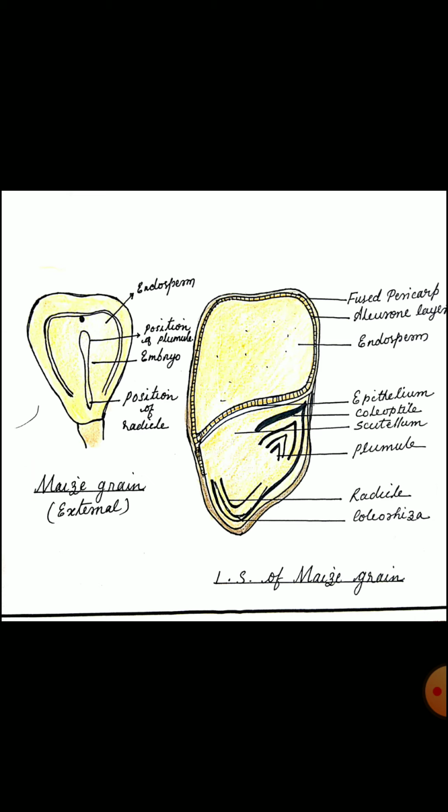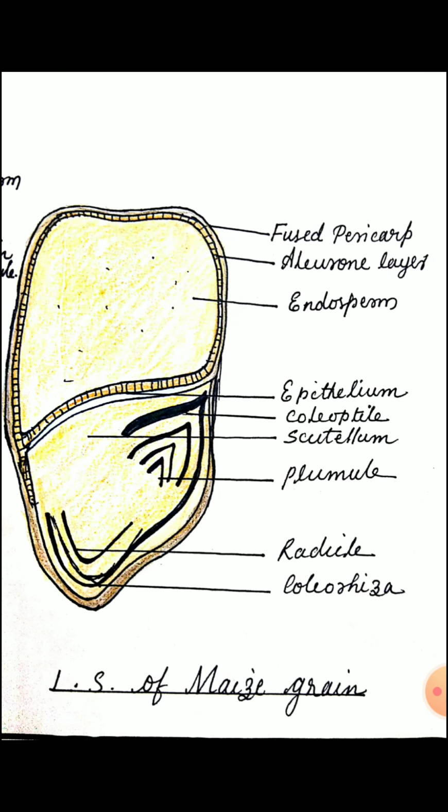The endosperm and the embryonic part are separated by a thin epithelial layer, very clearly visible in this diagram. The epithelial layer secretes enzymes and dissolves the endosperm for the embryo. The endosperm is lined with a proteinaceous layer called the aleurone layer.